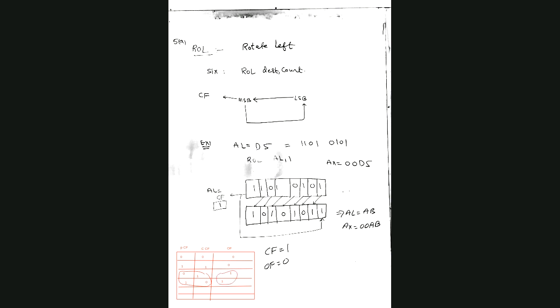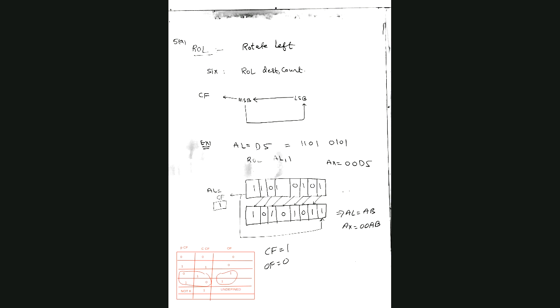But the question is, if the previous value of the carry flag is not known, then even if the current value is 1 or 0, we don't know. So here you will write undefined. Why have I written 0?